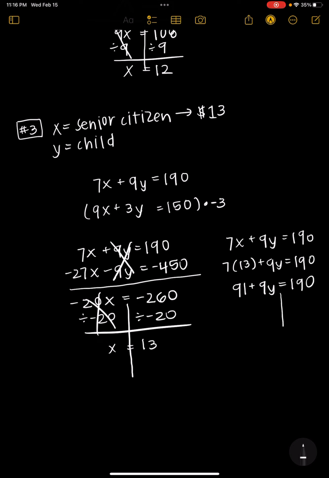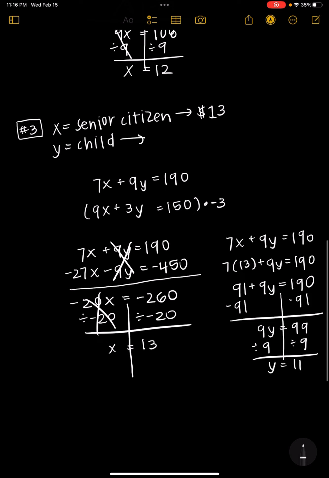I want to solve that for y by subtracting 91 first, which gives me 9y is equal to 99. Then I can divide by 9 on each side, and I end up with y is equal to 11, which means that the child ticket is $11 each.